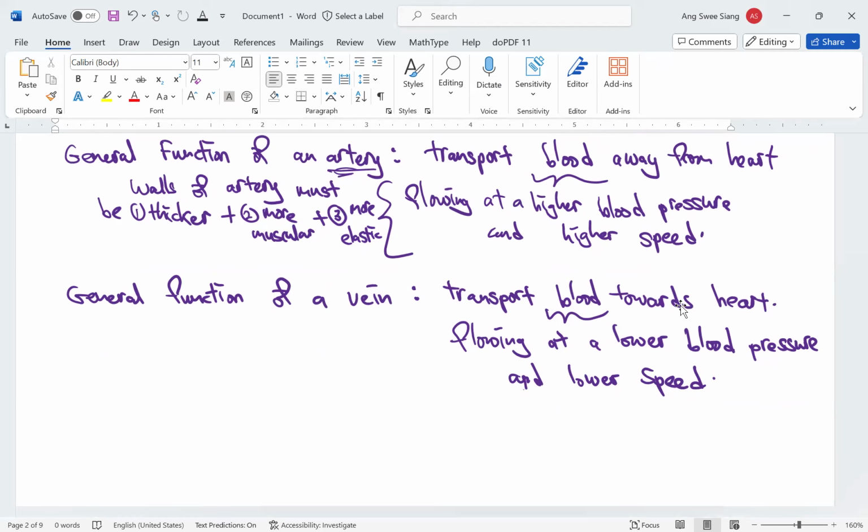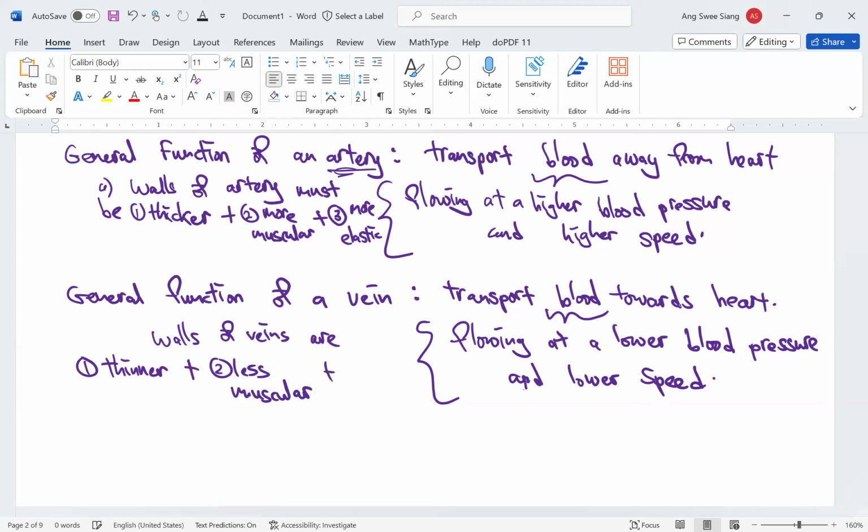Because the blood is flowing at a lower pressure and lower speed, the walls of veins are thinner, less muscular, and less elastic. Okay, very good.